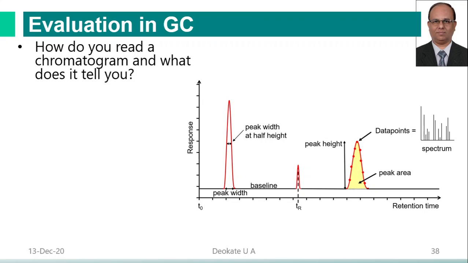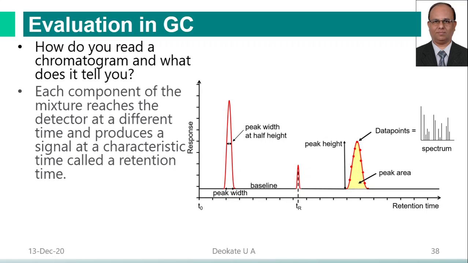from the graph. Okay, so this is a qualitative part: the retention time will tell you what type of substance is there, and for quantitative determinations we are measuring the area covered by the peak and the peak height, which denote the concentration, so it can be used for quantitative purposes.